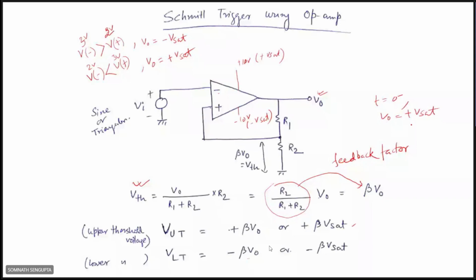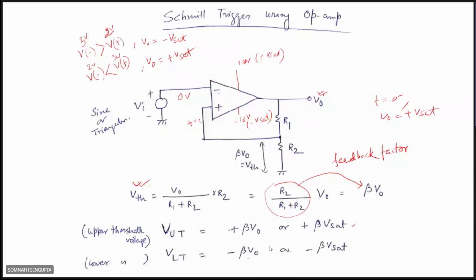So this voltage is positive, and initially say the input voltage is 0. I'll show the waveform. Initially the input voltage is 0 volt, and this plus beta Vsat is some positive value, so the output will stay at plus Vsat.